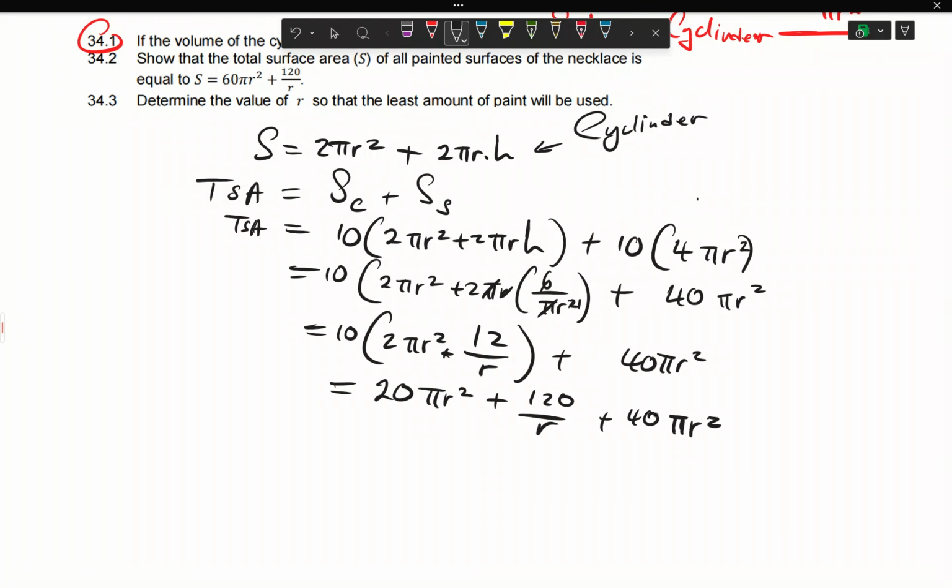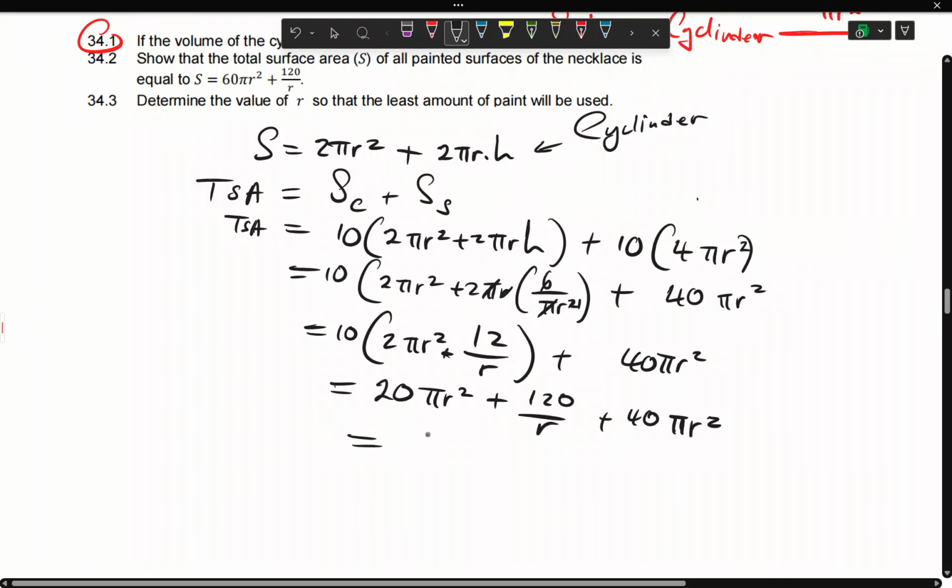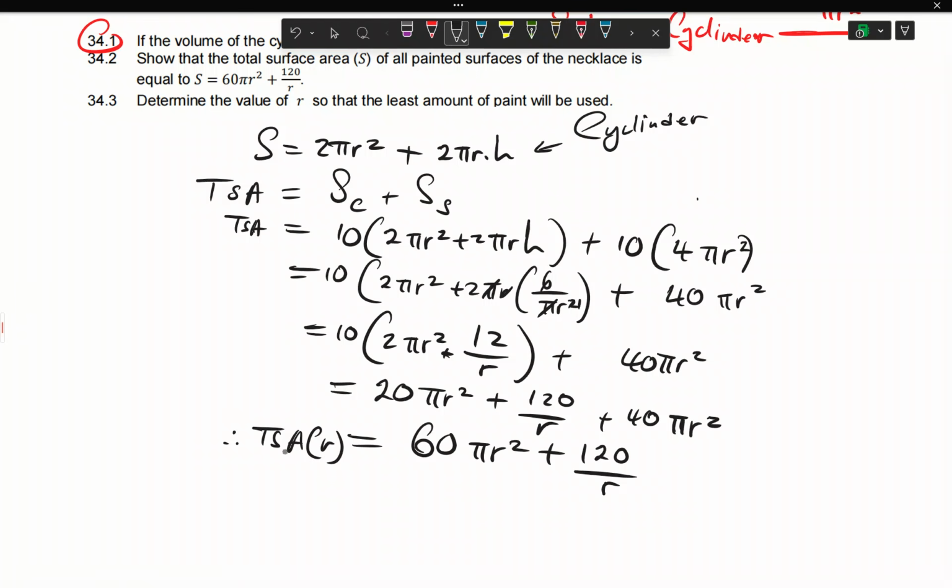Now, if you check here, you have like terms. So the pi r squared and the pi r squared, they're like terms, so you can sum them. So this is going to give you 60 pi r squared plus 120 all over r. Therefore, this is the total surface area in terms of r. So now this is a function of r. If you check what you have there, this is exactly what we got.